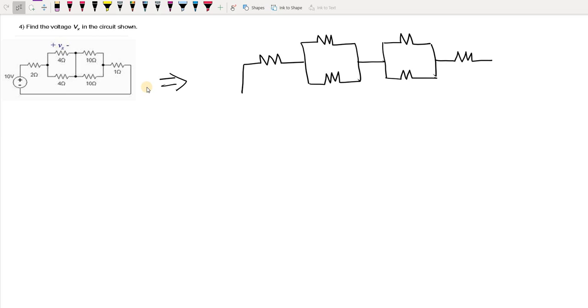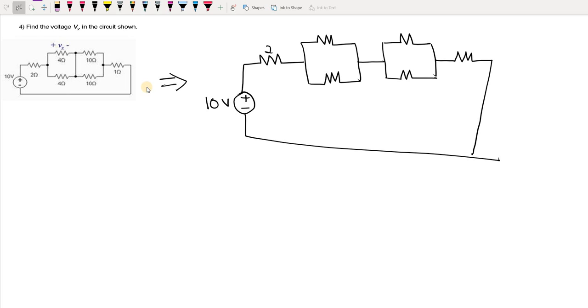So this is the source and this is the other part of the circuit, which is simply a wire. Now, this is a DC source that can be marked like this also, no? So it's a 10 volt DC source. This is 2 ohm, this is 4 ohm, across which I have to find the voltage Vx, correct, no?